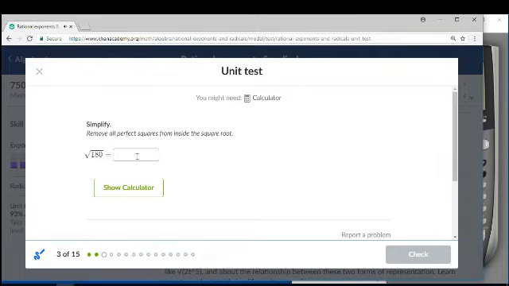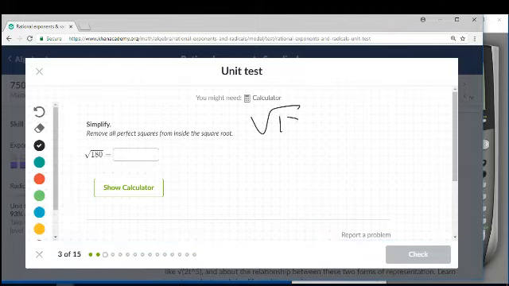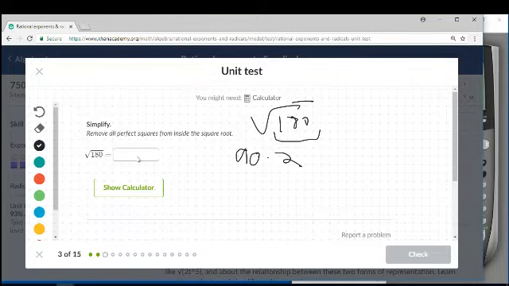All right, square root of 180. Let's see. Square root 180 is equal to, so we take 180, that's equal to 90 times 2, or 45 times 4, and 45 can be 9 times 5.